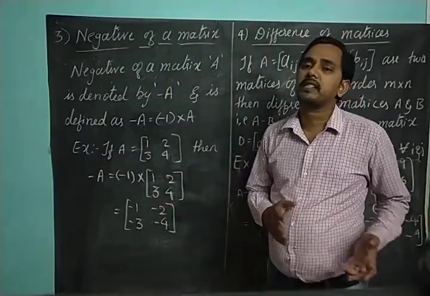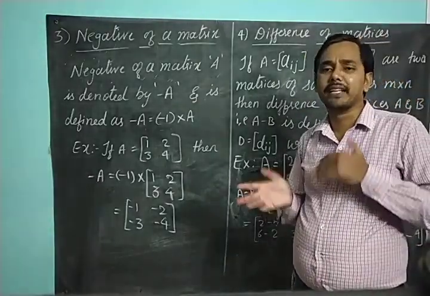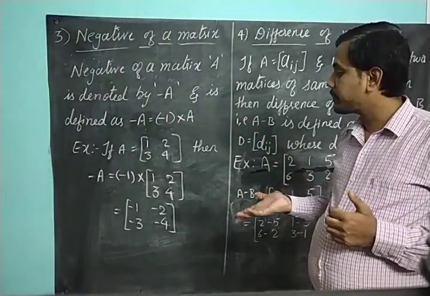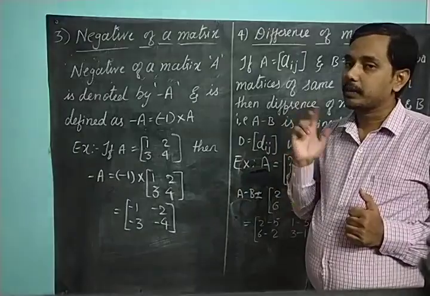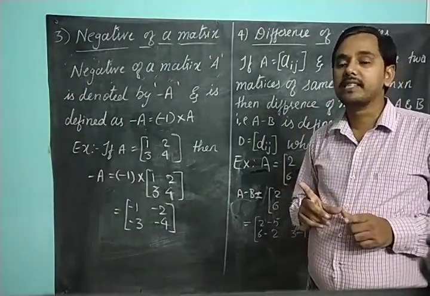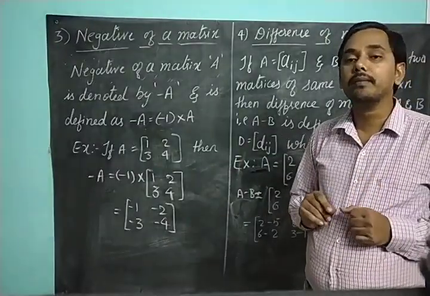It may not be possible that each and every element in the matrix is either positive or negative. Some elements may be positive, some elements may be negative. The same method applies. Whatever elements are positive, they become negative. Whatever elements are negative, they become positive.